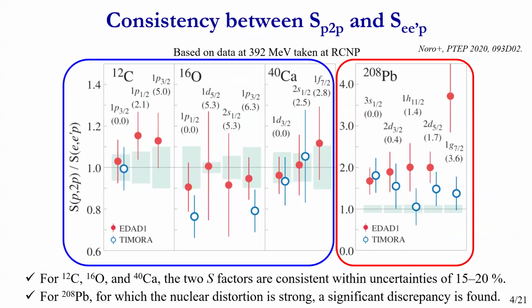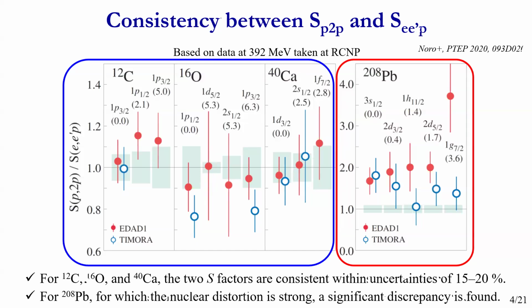And in this paper, Noro and collaborators reanalyzed the (p,2p) data taken at RCNP at 400 MeV and compared the spectroscopic factor with the one deduced from (e,e'p), the electron-induced knockout reaction.